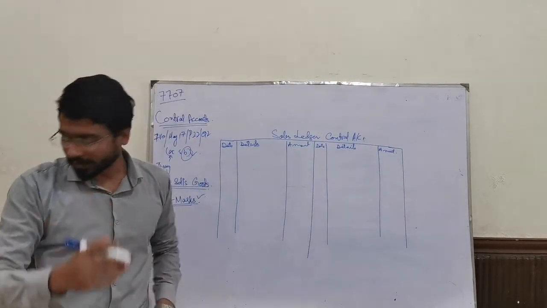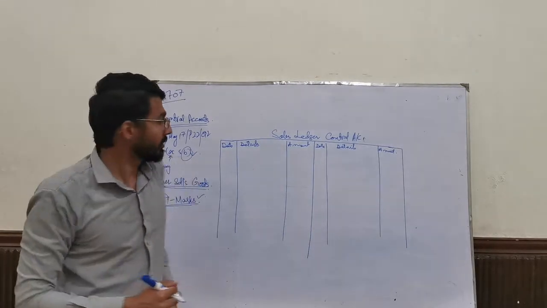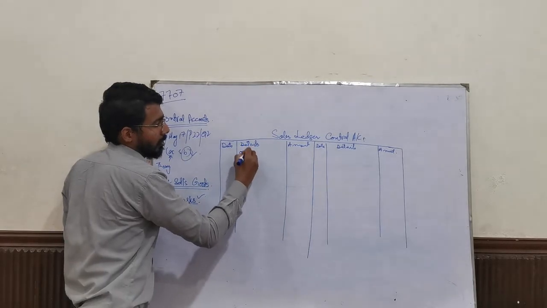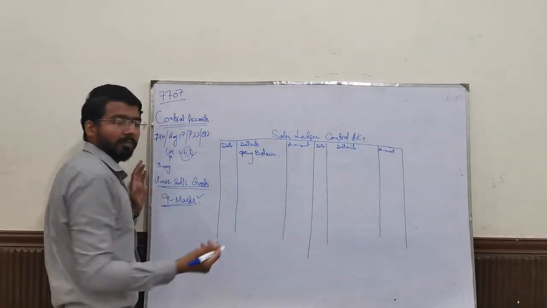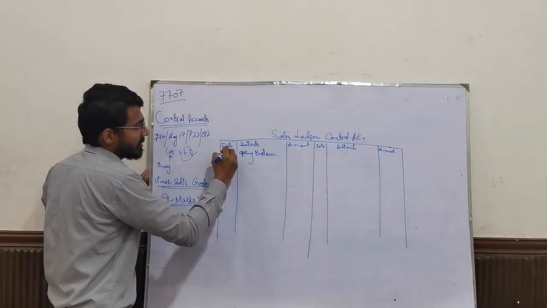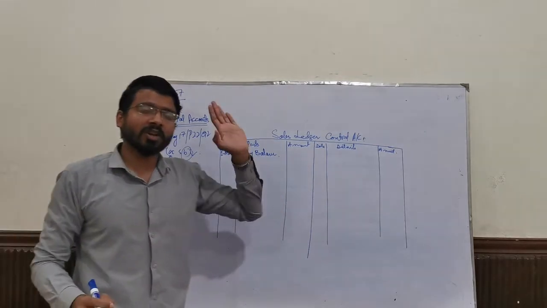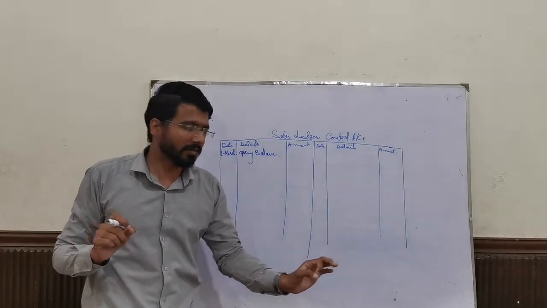First of all, amount owing by credit customers. It's the opening balance. It will be mentioned with the first date of the month, 1st March. After this, all the transactions will be recorded on the last date of the month.